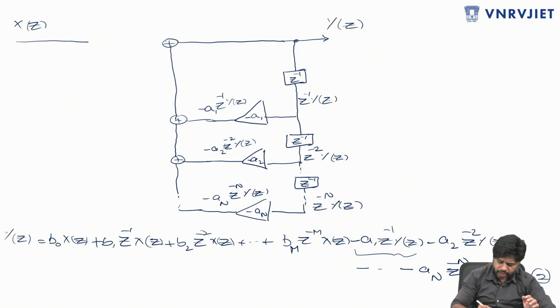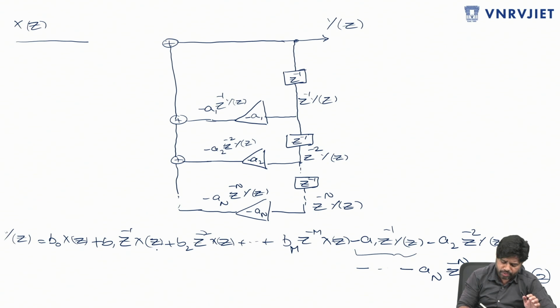Next, look at the terms associated with the input signal x of z. So whatever procedure I followed at the output, the same procedure I follow at the input side also, to construct each block, and finally all the blocks are to be added, and finally it forms the direct form 1 structure. So if you look at this, b0 into x of z plus b1 z power minus 1 x of z.